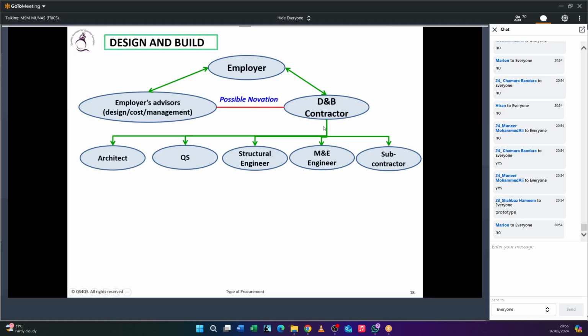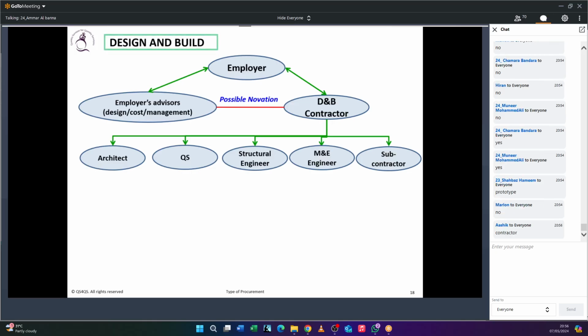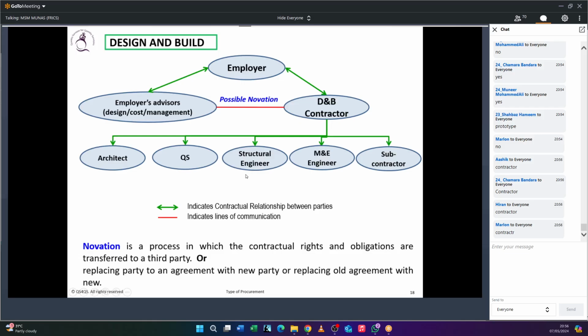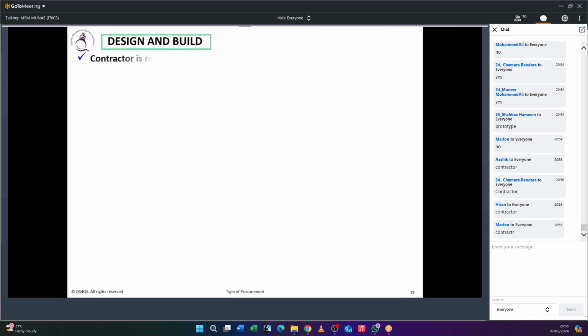So who is responsible for any design failure? Contractor. Yes, the contractor is responsible for design failure. Okay, so under this process, the contractor is responsible for design and construction.